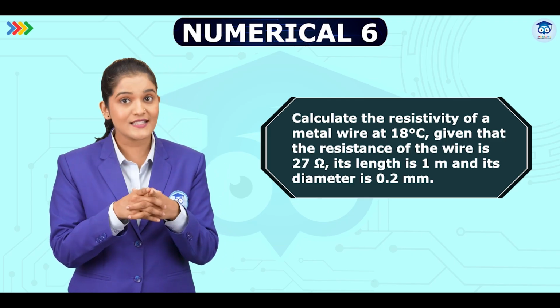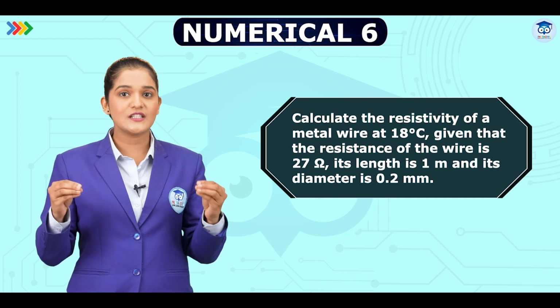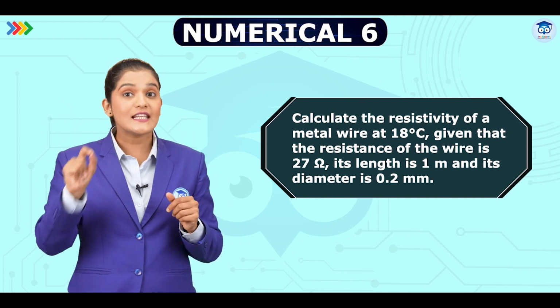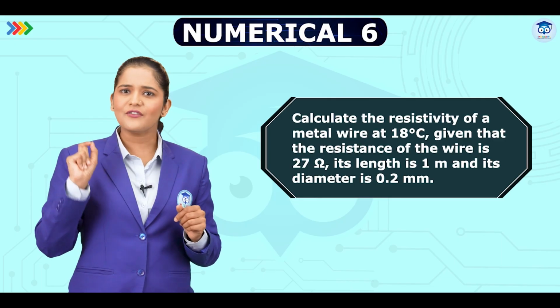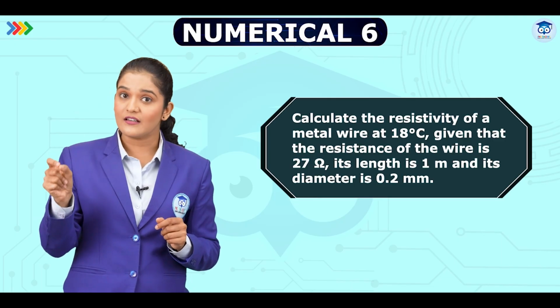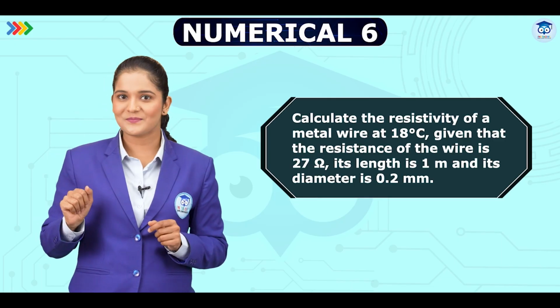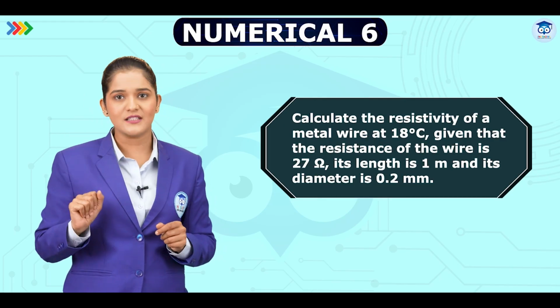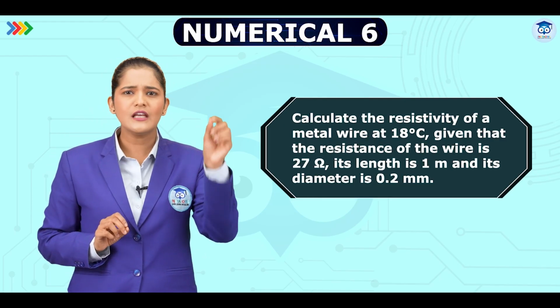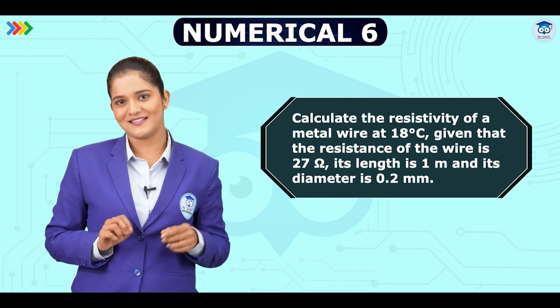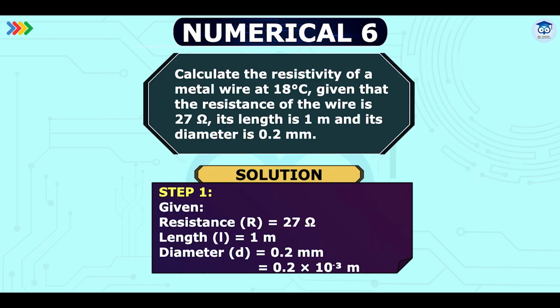The question states, calculate the resistivity of a metal wire at 18 degrees Celsius given that the resistance of the wire is 27 ohms. Its length is 1 meter and its diameter is 0.2 millimeters. To begin with, in step 1, we identify the given values.